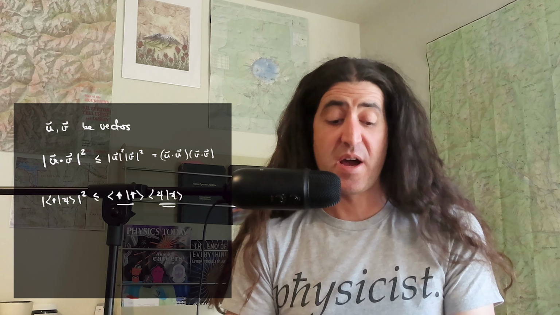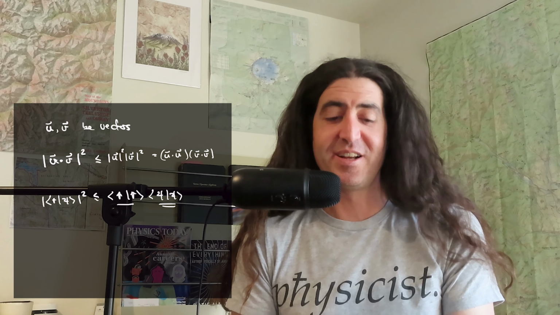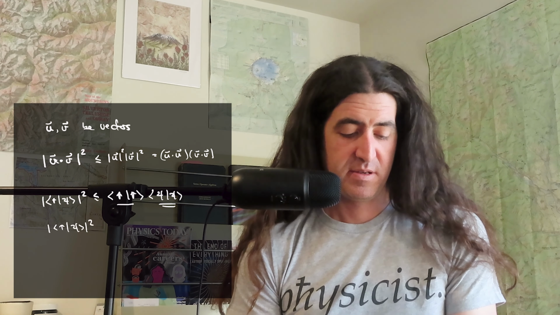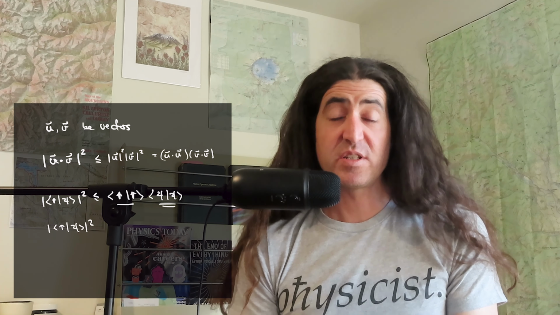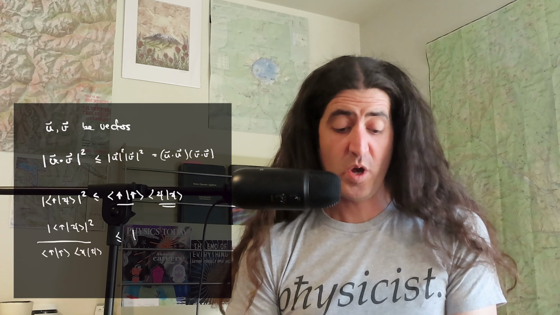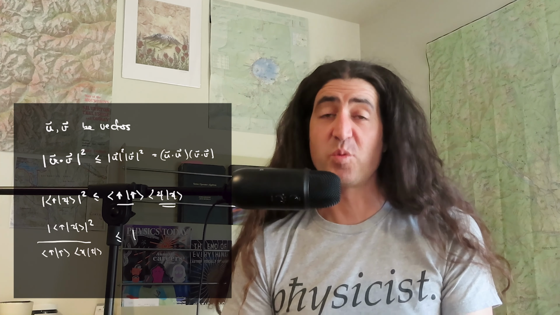In fact, I'm going to divide by a positive number, both of which are positive. I'm going to divide by both of these magnitude squares, and we'll find that the modulus square of up with psi divided by up with up and psi with psi is always less than or equal to 1 by the Cauchy-Schwarz inequality.